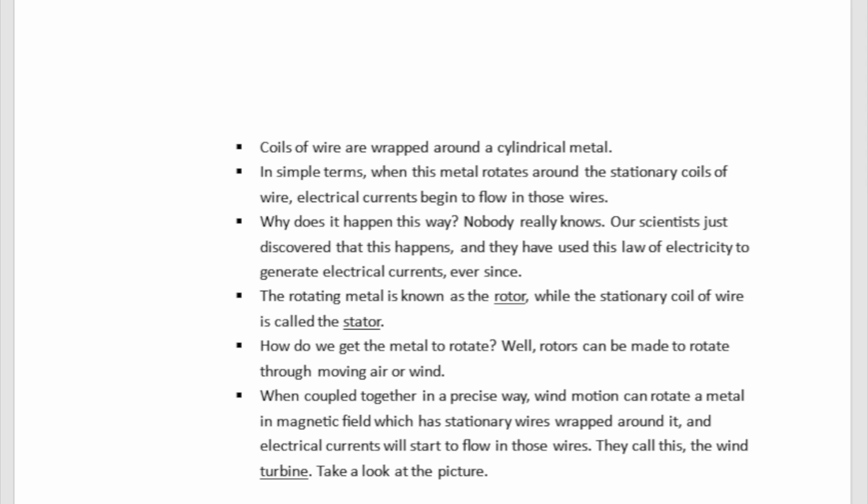All right, let's try to draw it so we can internalize this a little bit better. If you have a coil of wire like this, and it goes all the way down, just around and around and around this particular metal.